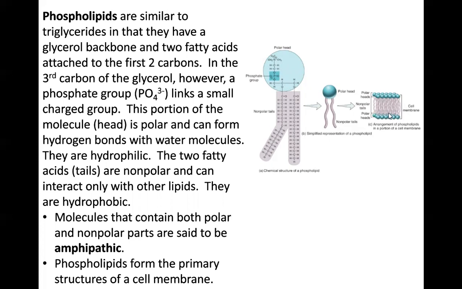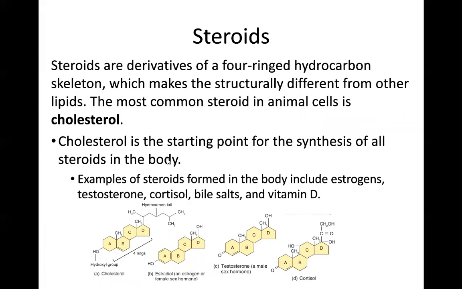This is very important for what we'll get into in our next lecture. The fact that phospholipids have both polar and nonpolar regions makes them amphipathic, which is a fancy word. We'll get into these guys more later on in this unit.